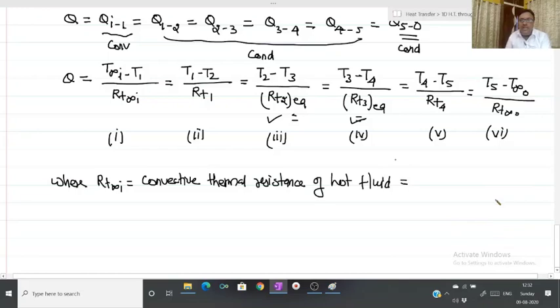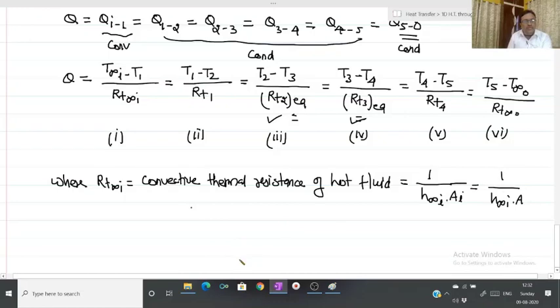And how can I calculate it? From the previous discussion, it is nothing but 1 upon hA. So h is h infinity I and the area is A. So this will be 1 over h infinity I into A.